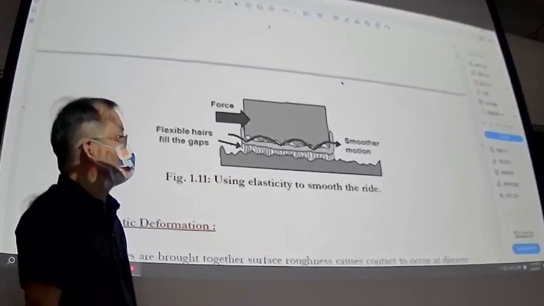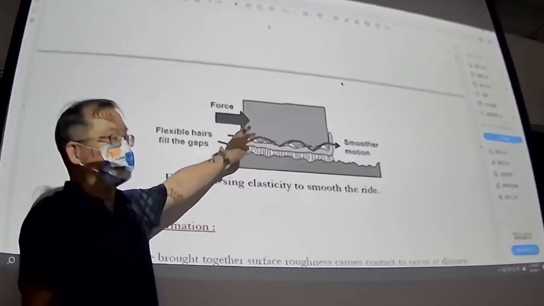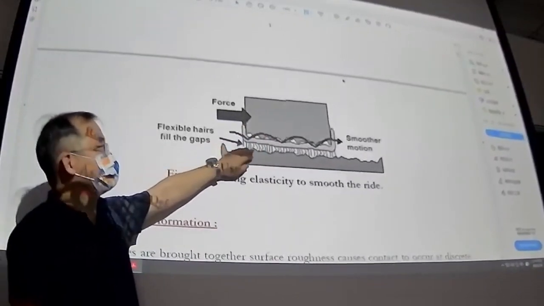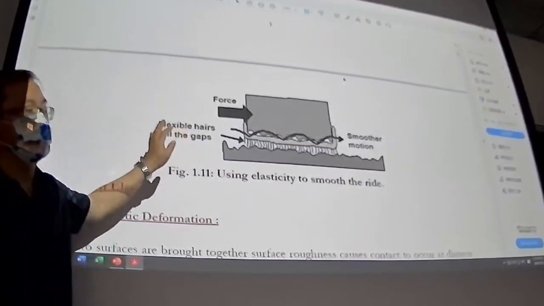So at this time, with these two bodies in relative motion, it's sliding on the top of the hair.